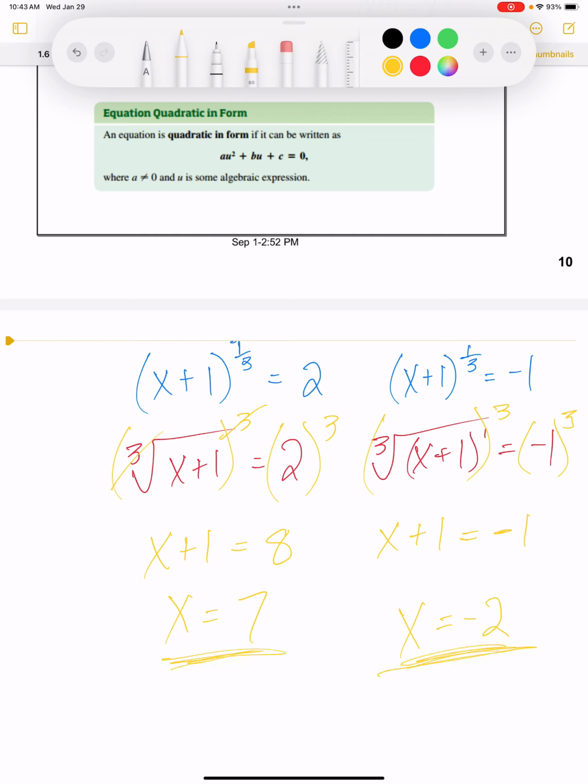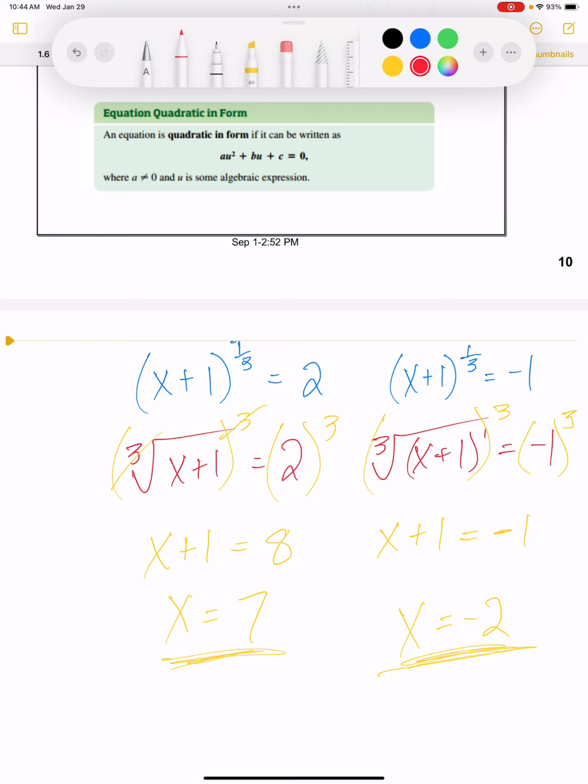And now here's something to think about: extraneous solutions. Here I raised both sides of the equation to the third power. If you've been following my videos, you know that if you raise both sides of the equation to an even power, or if you take an even root, that can open the door to extraneous solutions.